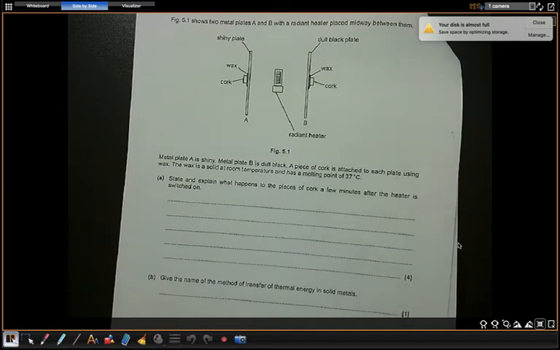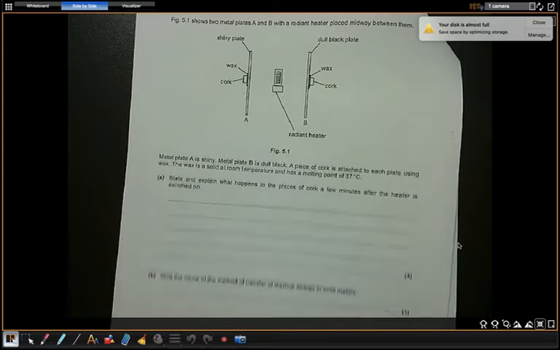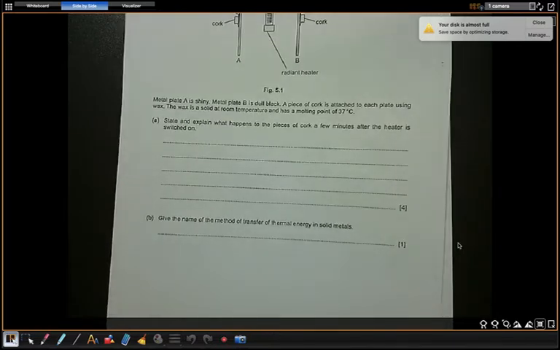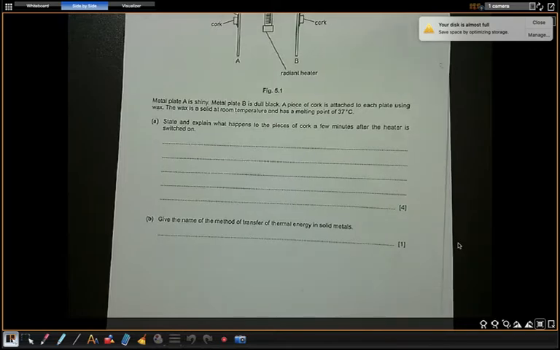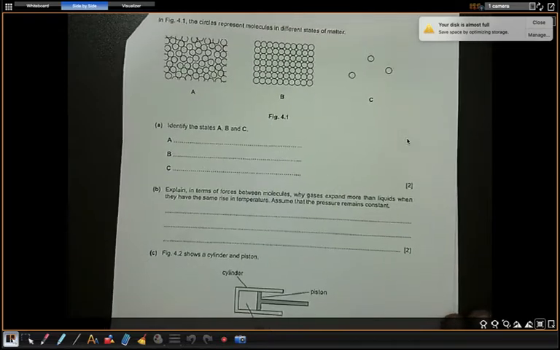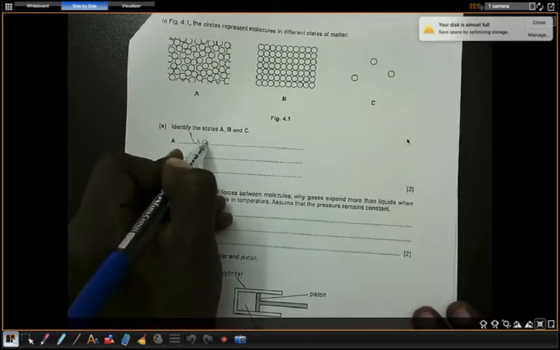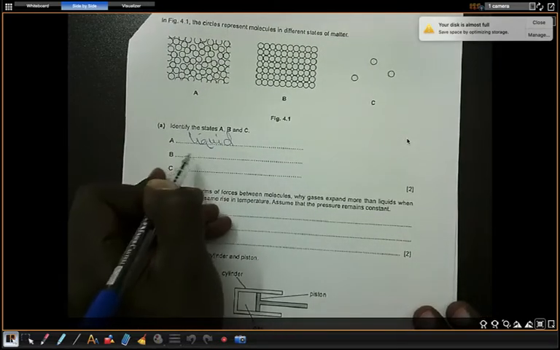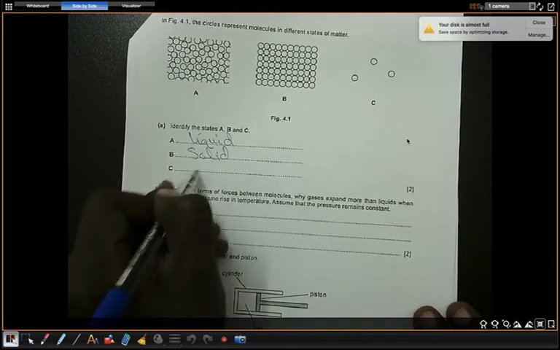Okay, so yeah, give the name of the method of transfer of thermal energy in solids. That's conduction. Conduction happens in solids. All right. Now identify A, B, and C. A is a liquid, B is a solid, and this is a gas.